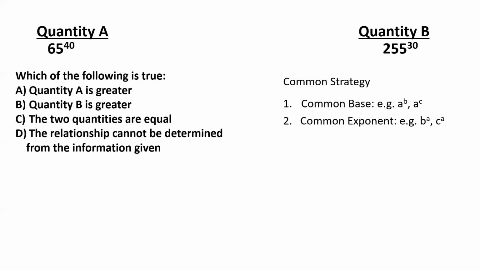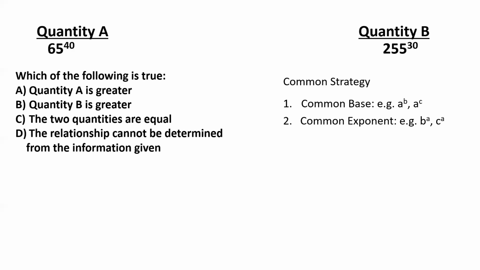The other strategy might be to go for a common exponent. If you can somehow bring the exponents to a common value, for example, b to the power a and c to the power a, then all you need to do is compare the bases. So both of these strategies work, but which strategy we apply really depends on the particular problem.